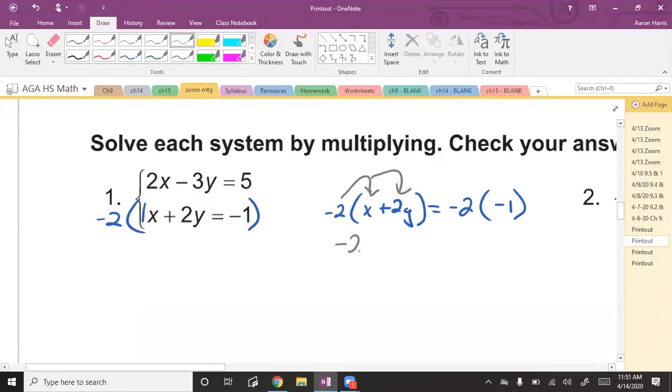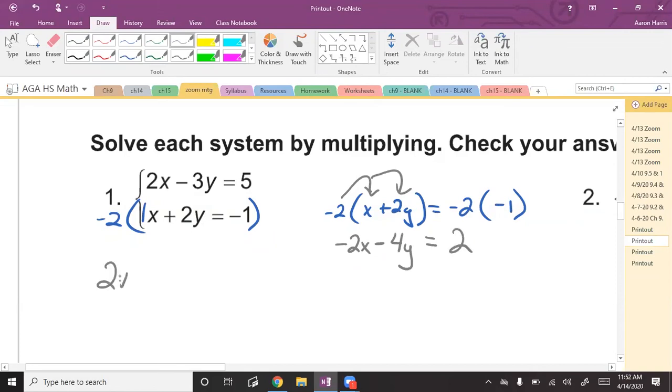Negative 2x. What is negative 2 times a positive 2y? A negative and a positive gets you a what when you multiply? Negative 4y. And a negative and a negative is a what? Positive 2. So here we go.